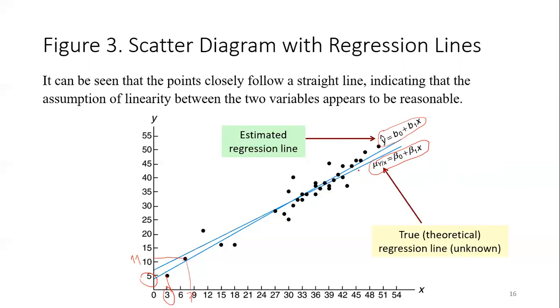If you take another sample of, let's say, 33 students, or even another sample of 40 students, then you will have a different estimator for B0 and B1. What does it mean? You will have a different estimator for this line. It was the case in our previous examples. Remember what we said: X bar of, for example, the stats class will not be equal to X bar of the production planning class.